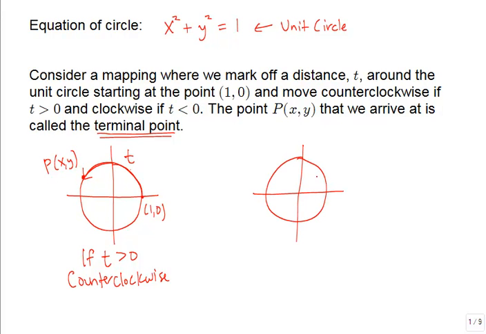Well, we're still going to start at 1, 0, but this time if t is negative, we're going to travel in the clockwise direction. So we're going to go this way around our circle, and wherever we stop, based on how far that t goes, we're going to end up at some point p with coordinates x, y. So associated with this distance t, there's a terminal point that has coordinates x, y.